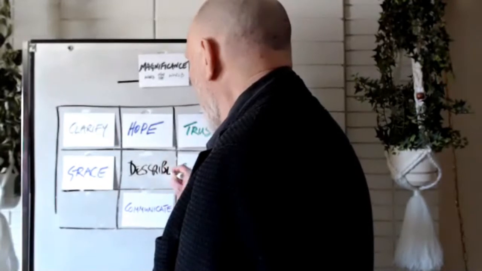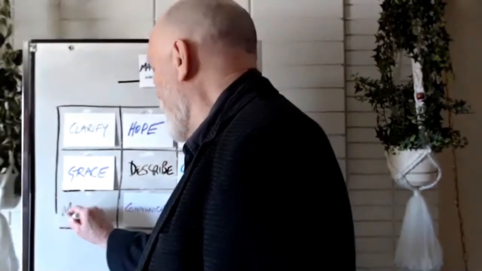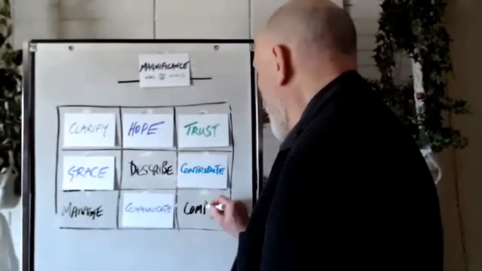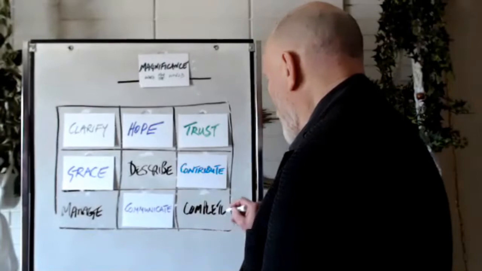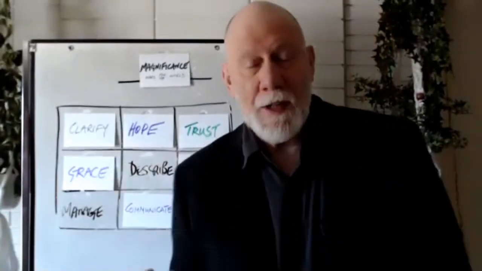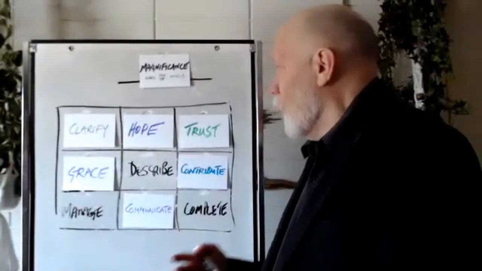So I might put describe, I might put manage, I might put complete. And what happens is that I can start playing with other action verbs to see what's really important.